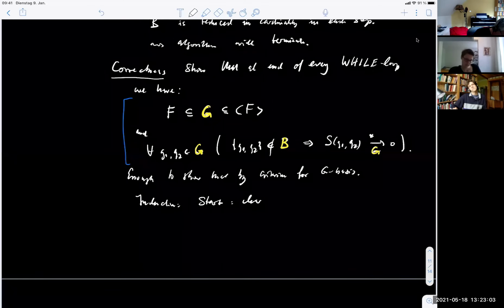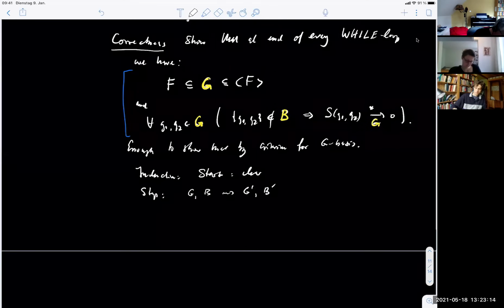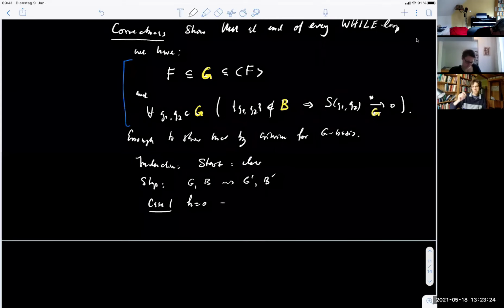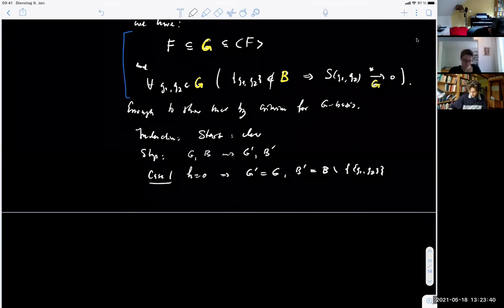Now the induction step. So we go from G, B to G prime and B prime, to have some notation. Then there are two cases. Case 1, H equals 0. In this case, G prime equals G. B prime is B with the pair that I considered removed.